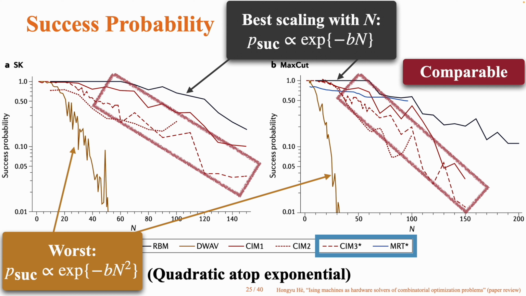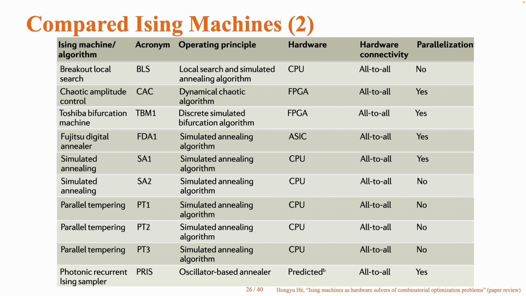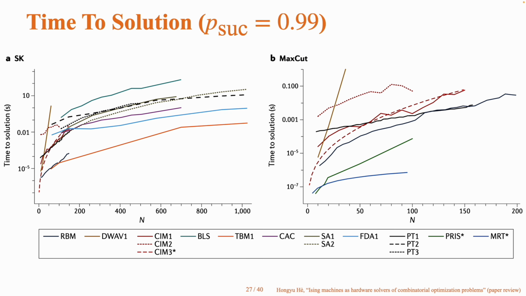Next, we'll be comparing on the second metric, time to solution. Here, we're adding a bunch of other simulated annealing implemented on traditional digital devices and FPGAs and ASICs. In this case, we set the target success probability to 99%.